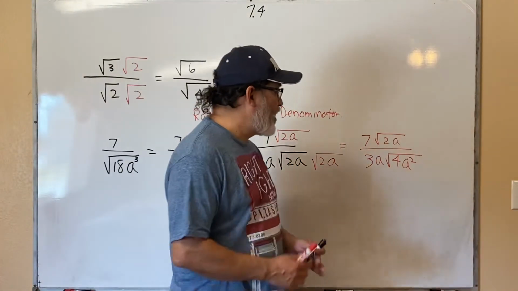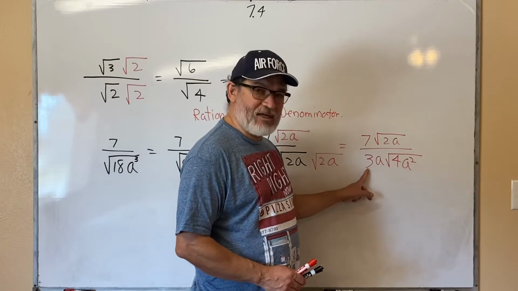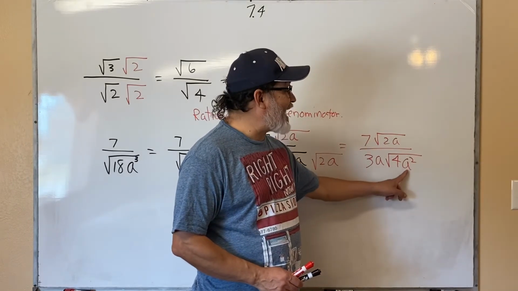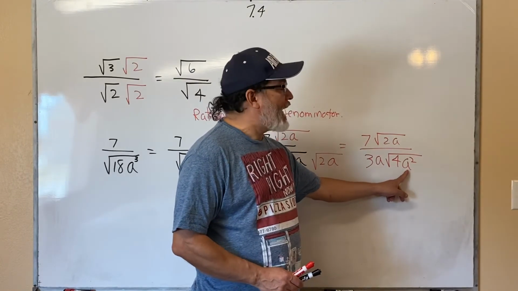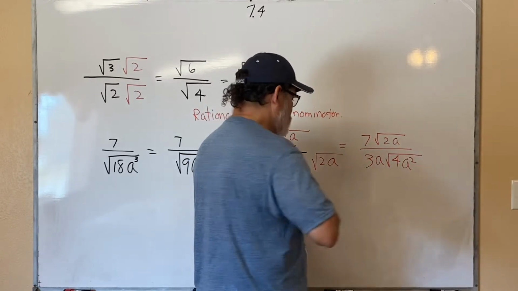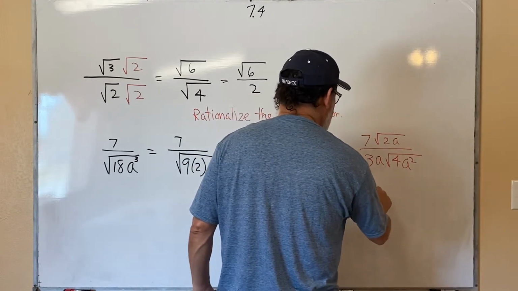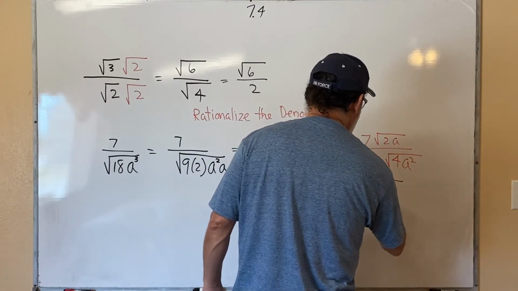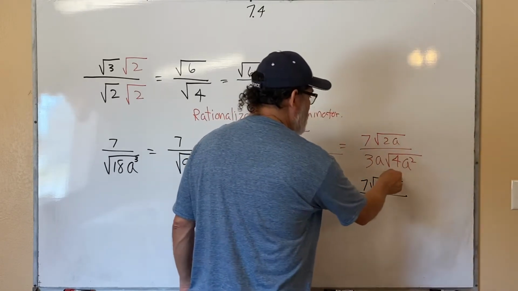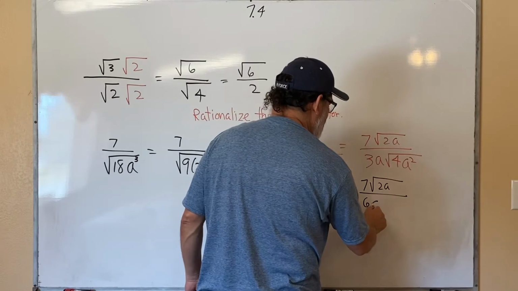And now a 2 is gonna come out, and it's gonna get multiplied times the 3, and a is gonna come out, and it's gonna get multiplied times a. So therefore, this becomes 7 the square root of 2a, divided by, a 2 comes out, times 3 is 6, and a comes out, times a is a squared.